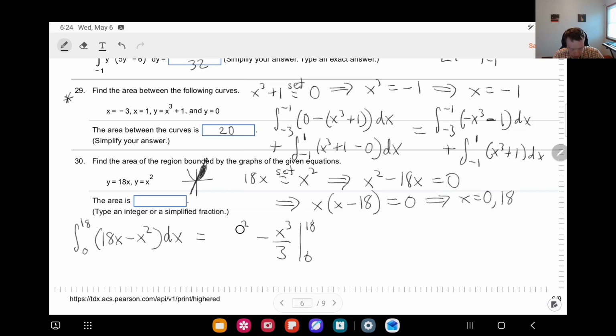This is a 9x squared. So we might want our calculator with this. These are kind of big numbers. So minus 18 cubed over 3. Well, then minus, plug in 0. Well, we can see that that'll just give us 0 in both cases. So we don't need to worry about that too much.